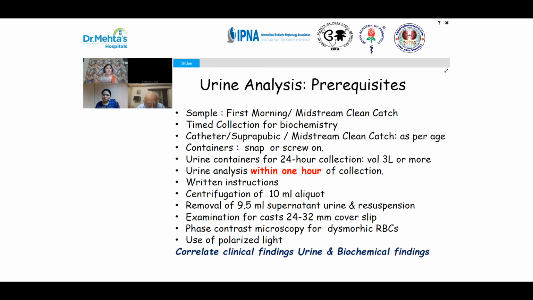Centrifugation of 10 ml aliquot of the urine and then resuspending it to examine for casts is very important for detecting the urinary RBC casts, and phase contrast microscopy should be done for dysmorphic RBCs. We must correlate the clinical findings, the urinary and the biochemistry findings.